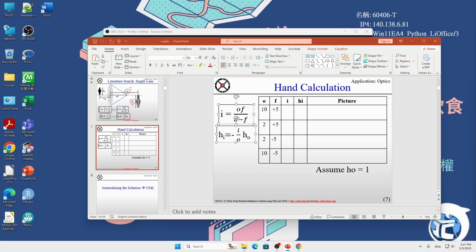This shape, this shape. If you click on this thing in PowerPoint, you'll see a whole bunch of different shapes, but these are the only ones we want to use. 80% of programs.